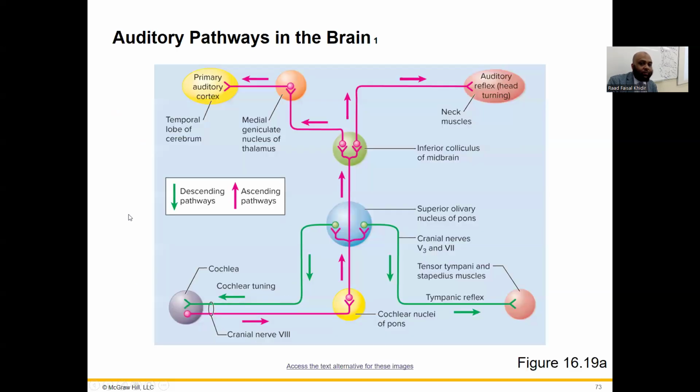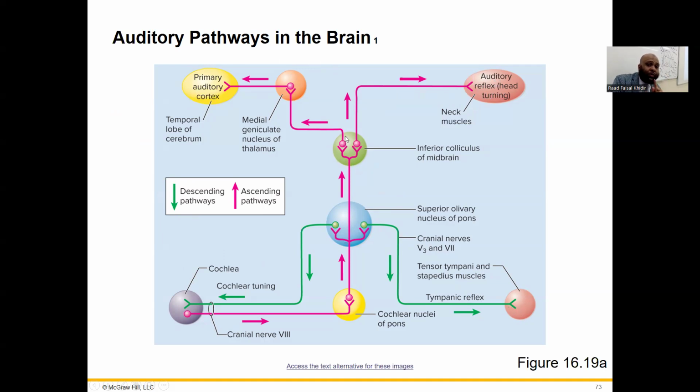So this is our very interesting diagram. We see here that we have the auditory pathways in your brain. It looks confusing, but not really, because you know this is the termination site. Primary auditory cortex, that's the terminal of your hearing. And auditory reflex head turning, that is the outer response, that's the final response.